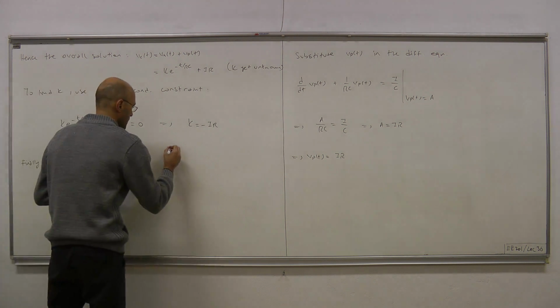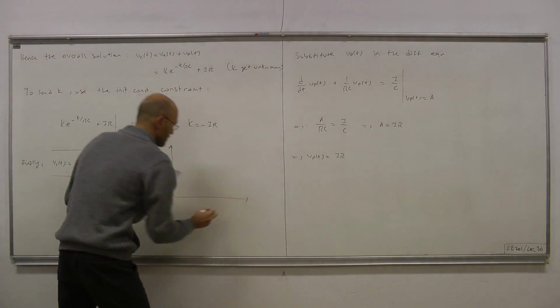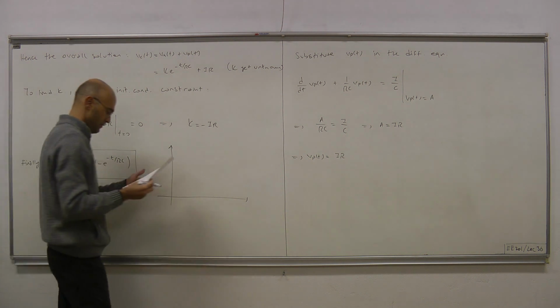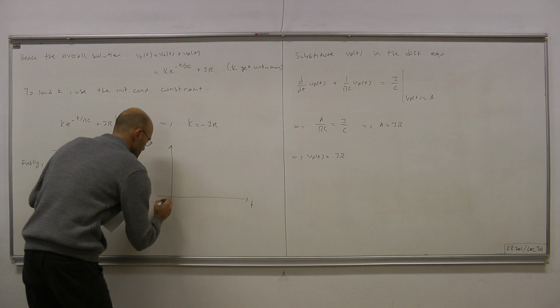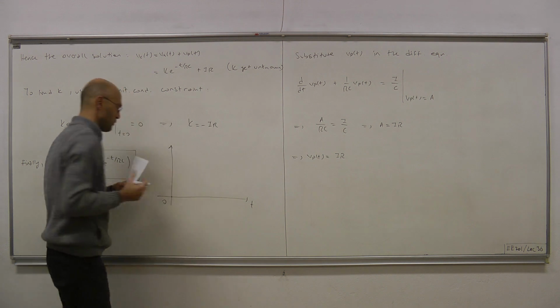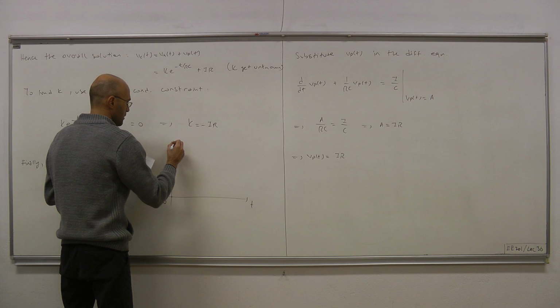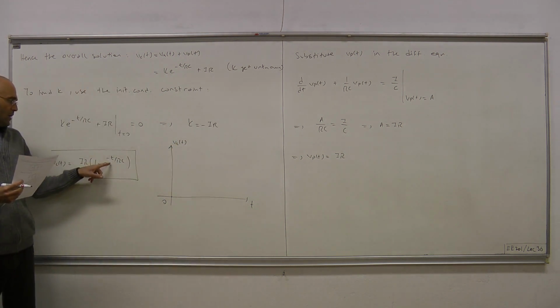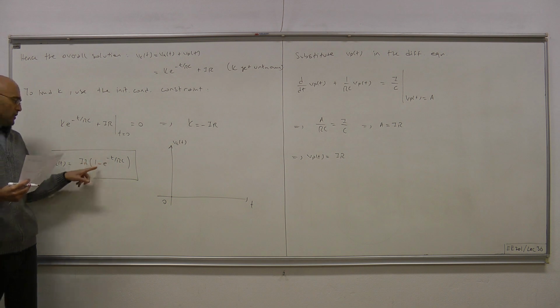How it looks is the following. Suppose that I is positive. We start from 0, so that's our initial condition. And as time goes on, initially this exponential is 1, so 1 minus 1 is 0.